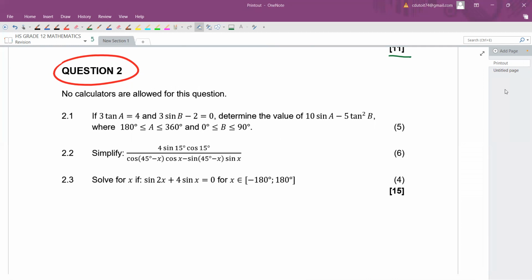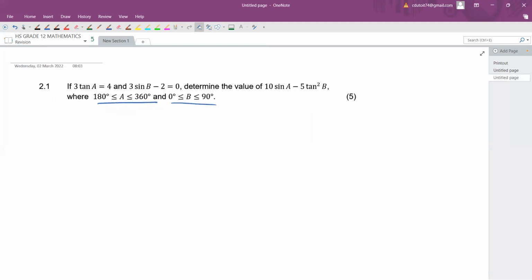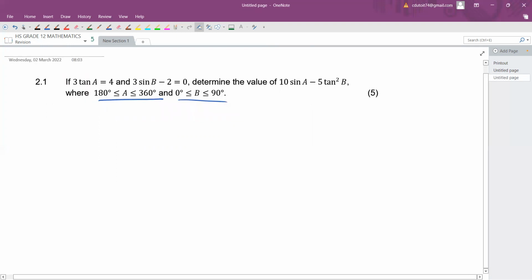Right, first question, 5 marks. If 3 tan A equals 4 and 3 sin B minus 2 equals 0, then determine the value of 10 sin A minus 5 tan squared B, where A is between 180 and 360 degrees and B is from 0 to 90. Okay, can anyone tell me what to do? How are you going to approach this?